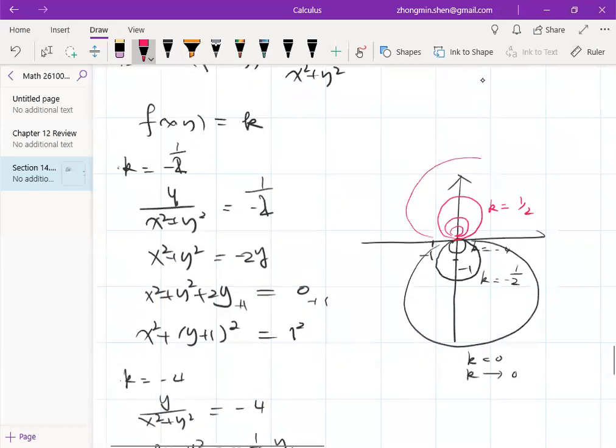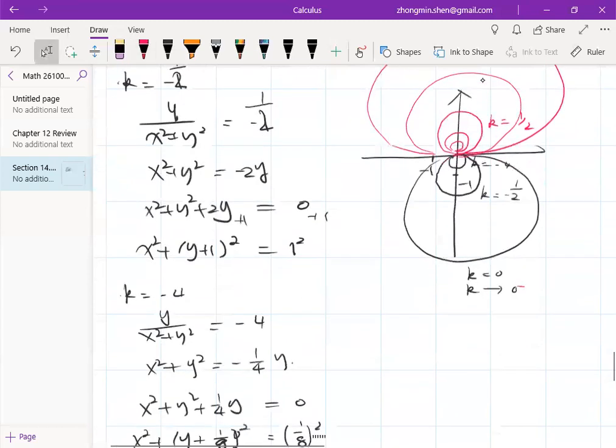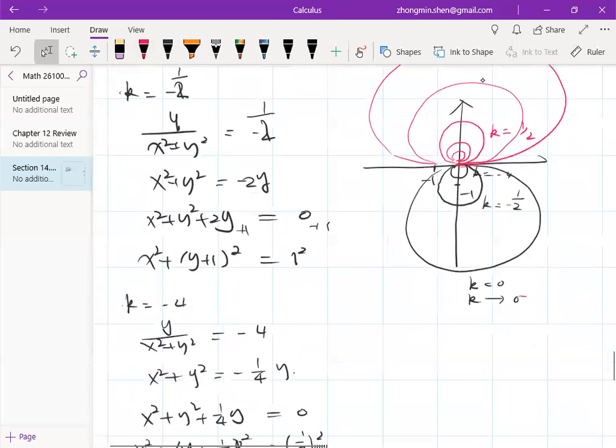When k is getting smaller and smaller, this is k going to 0 from the positive side. This is k going to 0 from the negative side, and they approach the x-axis. So that's it. You just draw a few curves, and you can understand how that looks.